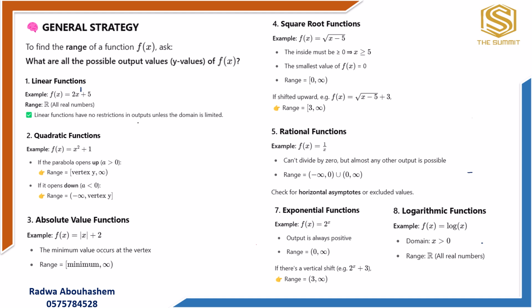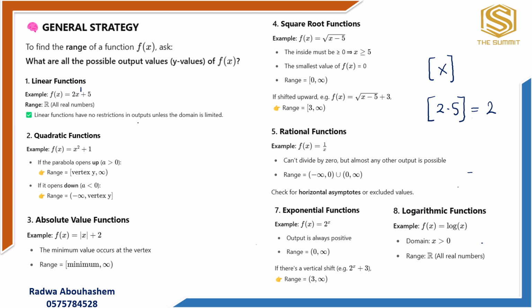The last thing, which I haven't mentioned here, is the greatest integer function, or the floor function. Its symbol is like this. This means that whatever value is given, the output has to be the integer less than or equal to the value of x. For example, here you have 2.5, so it would be 2.